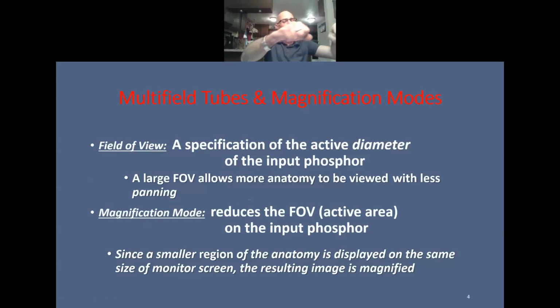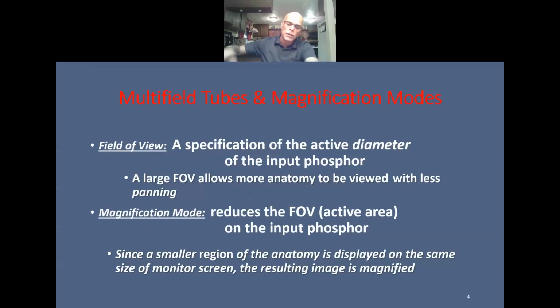Now, if you need to zero in and zoom in on something, you will want to use a smaller field of view. So that's telling you you're using less of the input phosphor. The less input phosphor that you use, it ends up magnifying the image on the other end of the output phosphor. Okay, so magnification mode, you're seeing less field of view, less anatomy.